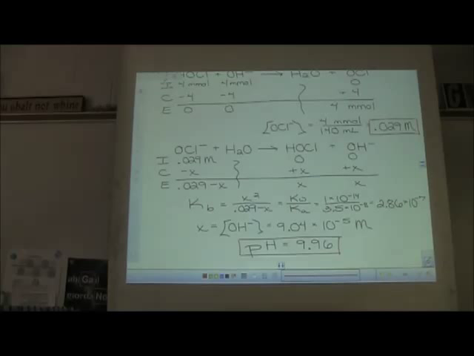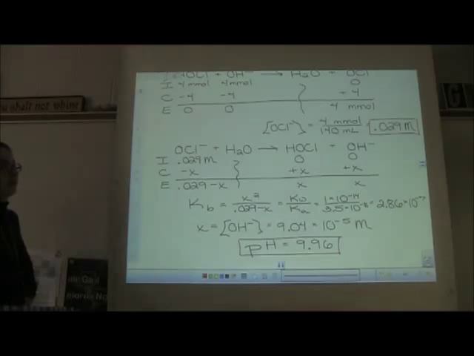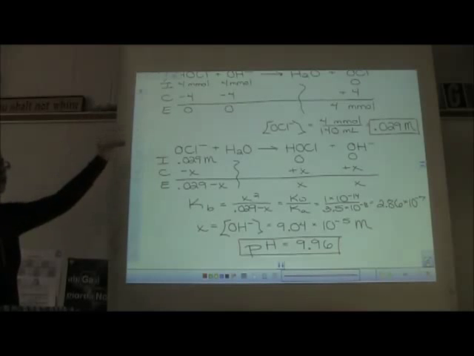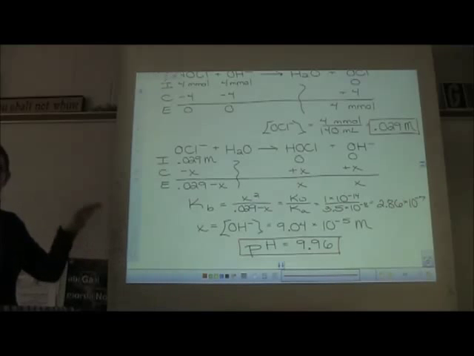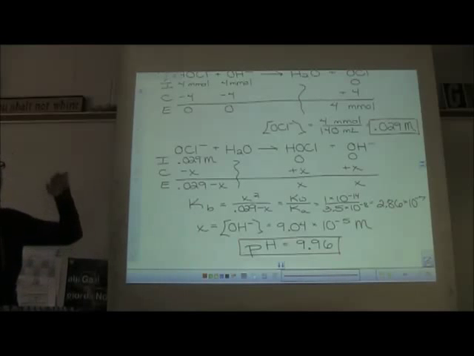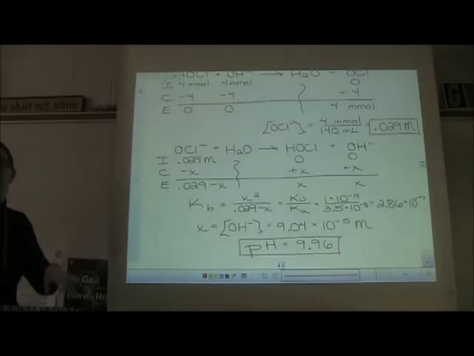Okay. So guys, that is what a test question is going to look like. Okay? I'm not saying they're any less of a picnic than the last problem was, but all parts of this problem were at the same place. They were all at the equivalence point. It was just asking you different pieces of that one situation.